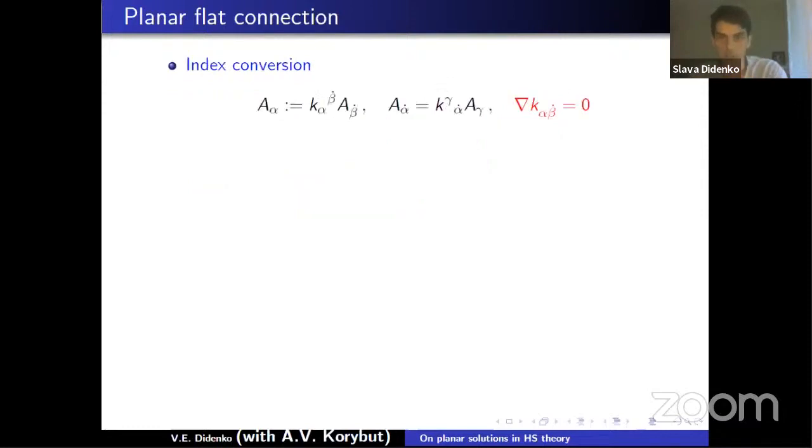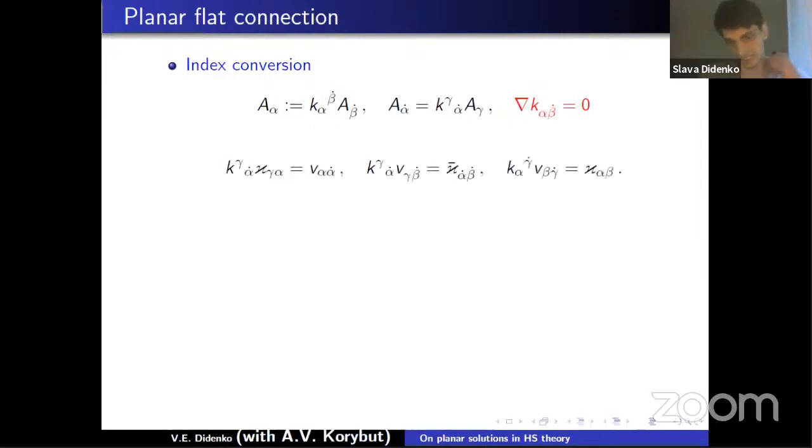And as such, it can be used as sort of a metric that converts dotted indices into undotted. And we adopt this notation. So whenever we say dotted spinor index, we can convert it into undotted using this k. And that statement will be invariant with respect to the Nabla operator as well.